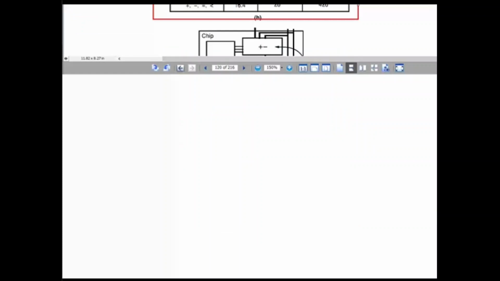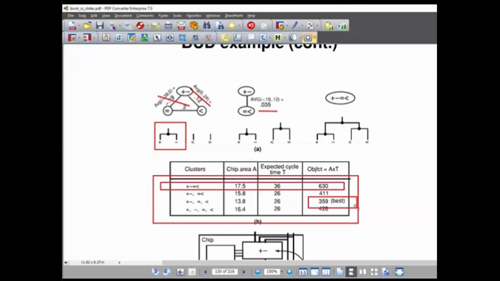So the best among the different objective functions, with area and time, needs to be computed, and we get this particular solution: the third one is giving us the optimal solution that needs to be taken into account.